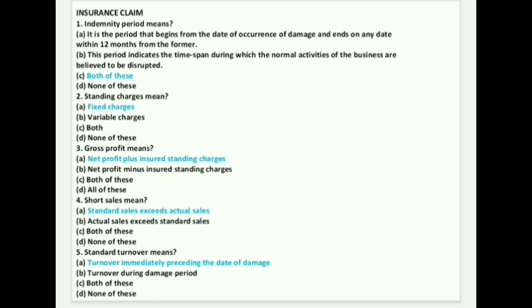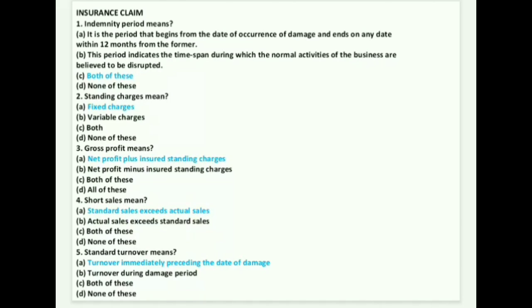So guys, indemnity period means option A and option B. Both are correct options and are similar in type.